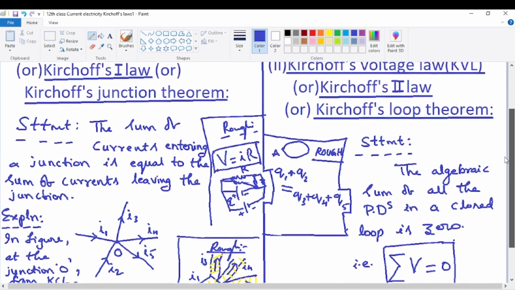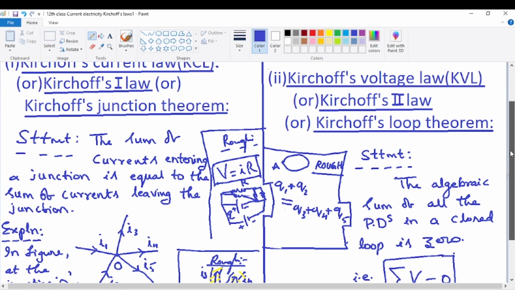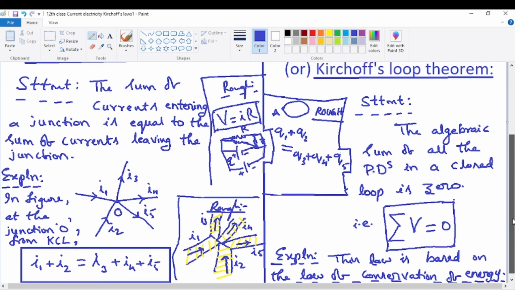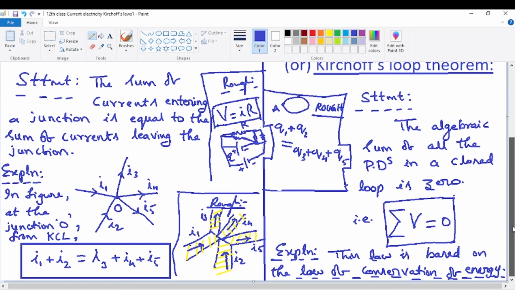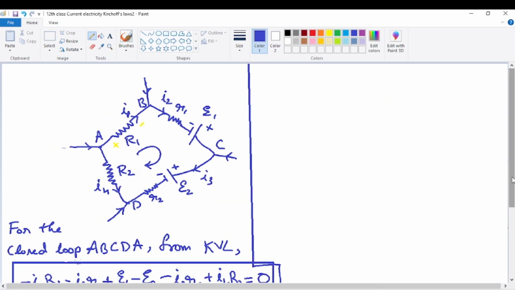No big explanation, no conservative field nature of the electric field. All that explanation is skipped in the running notes. See here. Next page, just see. This is the next page.